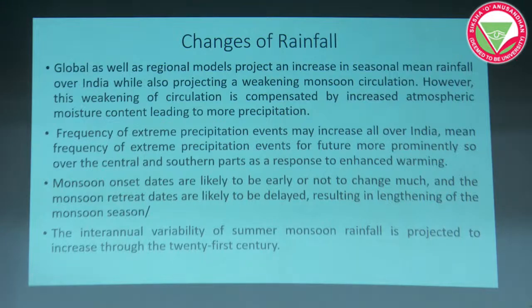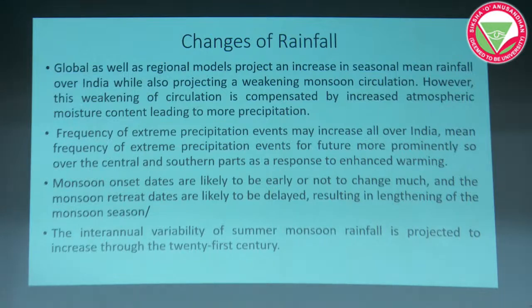Also, more prominently over central India and the southern parts, enhanced warming will be there. Another very important thing for the agriculture aspect is monsoon onset. It has been seen from a study that monsoon onset will be early or may not change much, but withdrawal will be late. That means a lengthening of the Kharif season will be there.